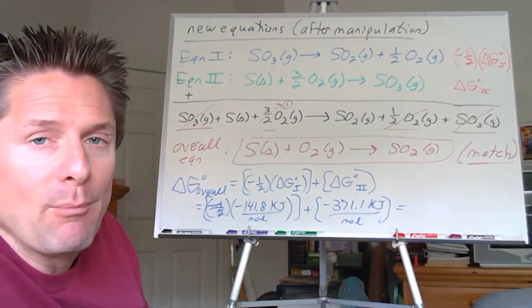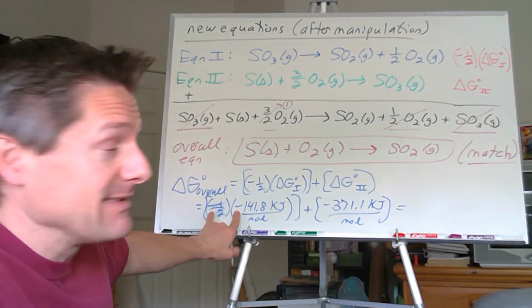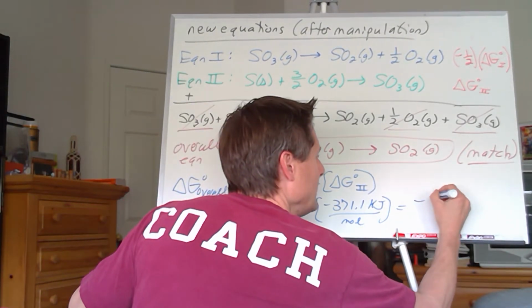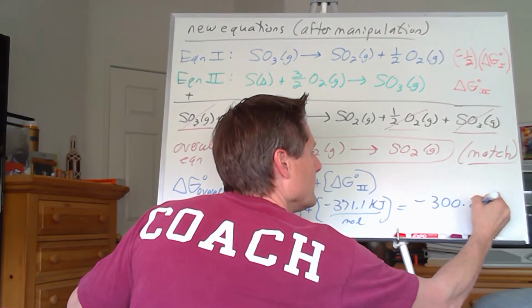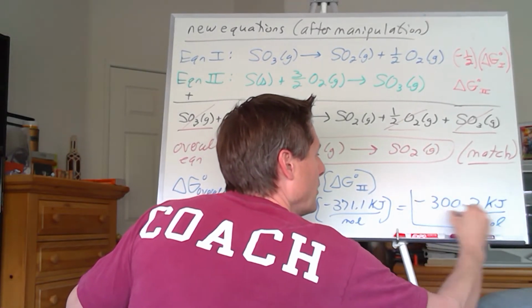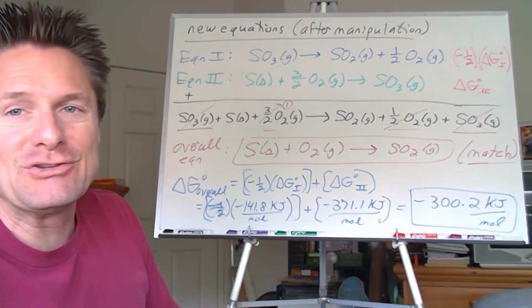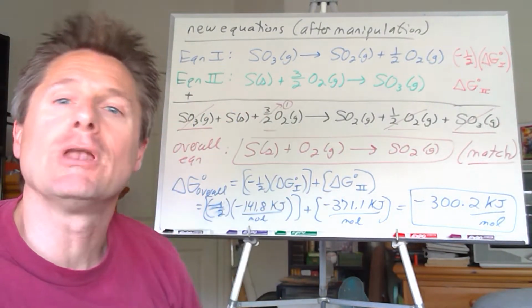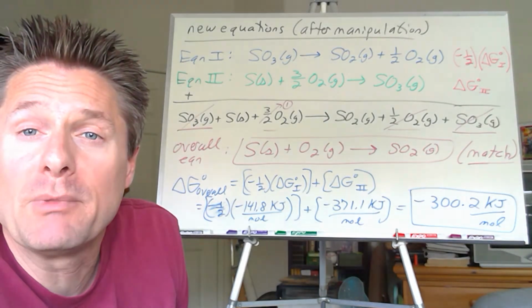But I don't have enough room on the board, but you see those negative signs cancel out. So the net effect, I get negative 300.2, good to 1 decimal point, kilojoules per mole. So that would be the delta G at standard conditions at 25 degrees Celsius for this reaction, utilizing delta G's of other reactions that were manipulated.